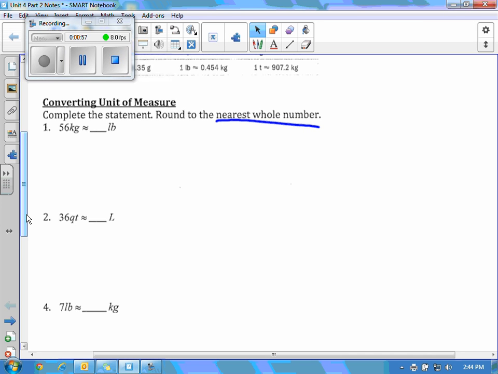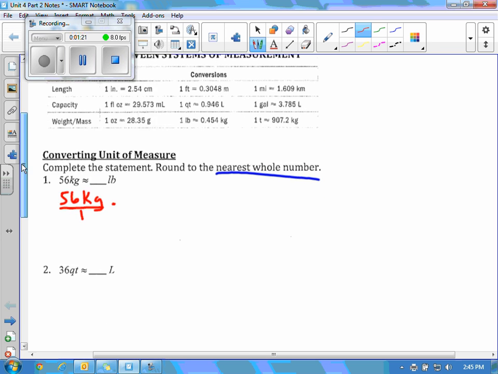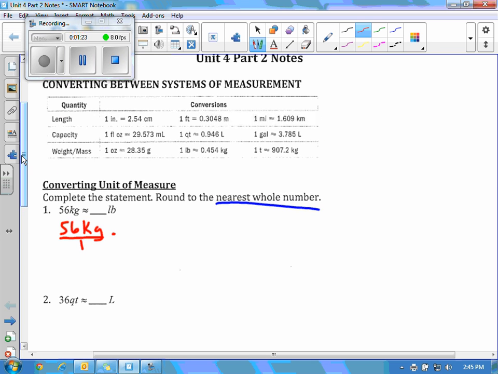So for the first one, we're starting with 56 kilograms, so just like in Unit 1, we're going to put 56 kilograms over 1. Now, our conversions are going to be a series of multiplying fractions, and you have to do it the way that I show you. I need a conversion from kilograms to pounds, which I have right here on your chart. 1 pound is approximately 0.454 kilograms.